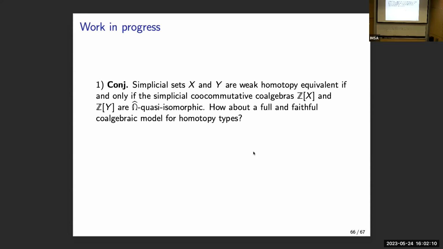So probably if you consider coalgebras with more structure, you can get homotopy types completely in terms of coalgebraic objects. Linearized objects equipped with nonlinear structure.